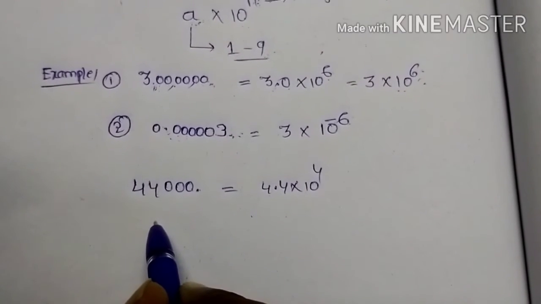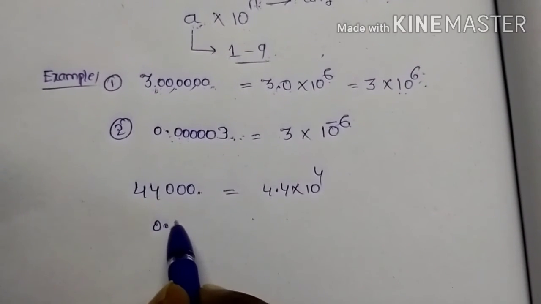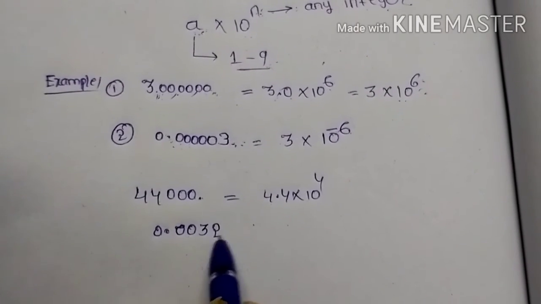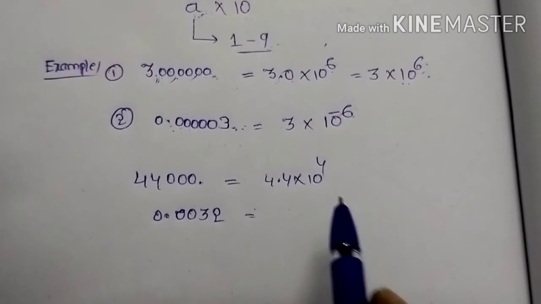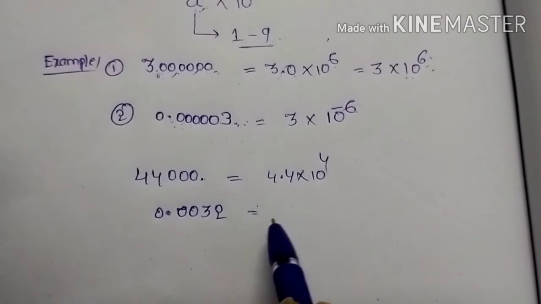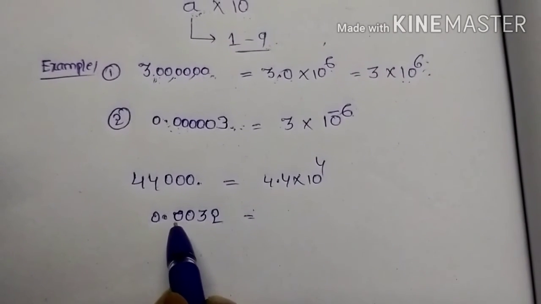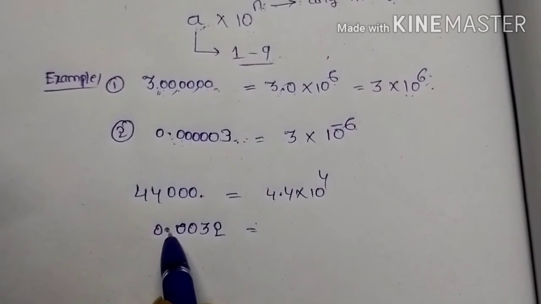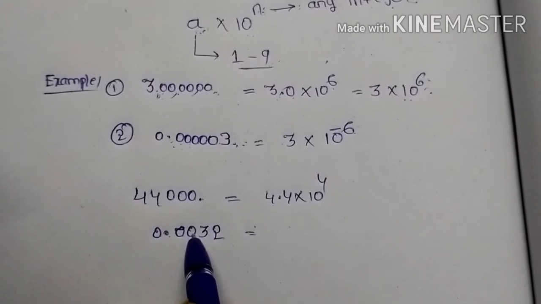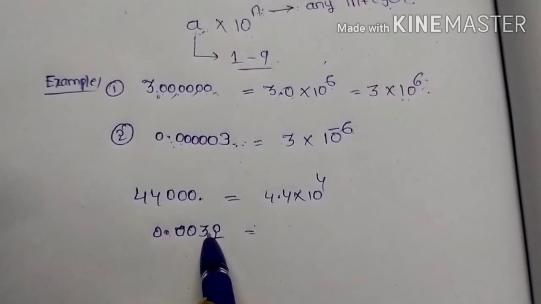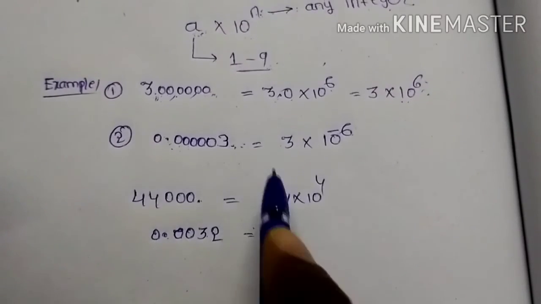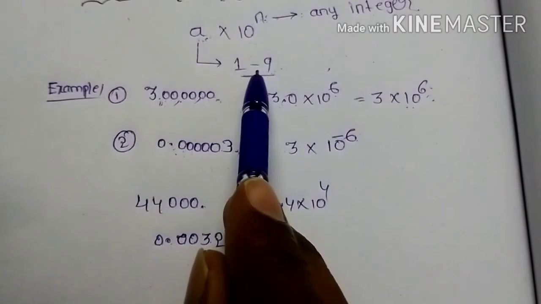See one more example here, point 0032. How can you express it in standard form? Here you need to move the decimal point how many places? 1, 2, 3 places. Yes or no? You can keep 3.2. Don't keep 32 point. If you are giving 32 point, is it in the standard form? Not in the standard form.